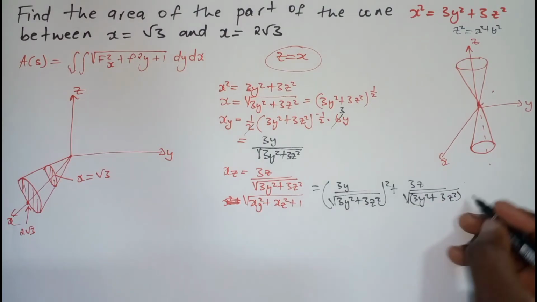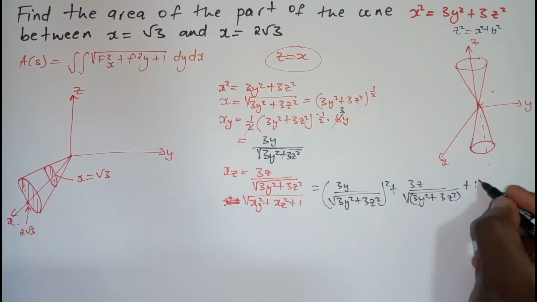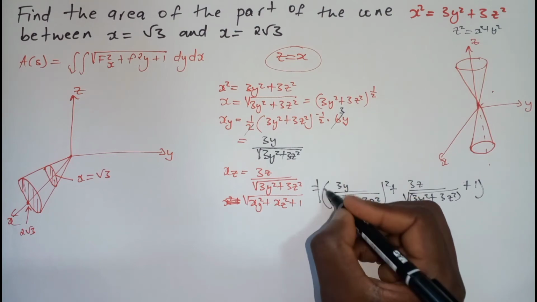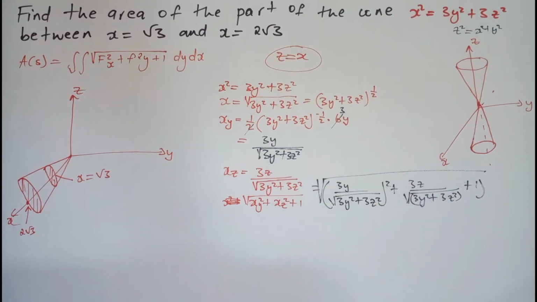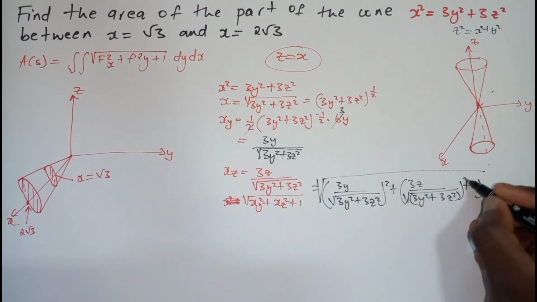And you should not forget this one, it is very, very important. And we're going to write a square root right here. Okay, now what? I think I've forgotten to put the bracket right here.